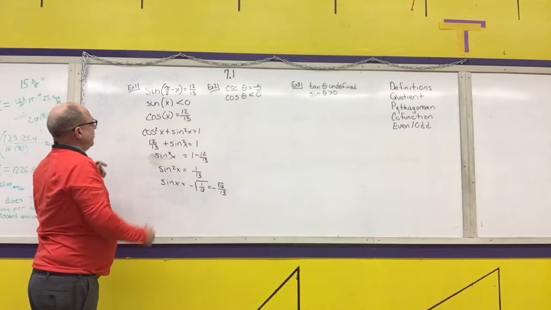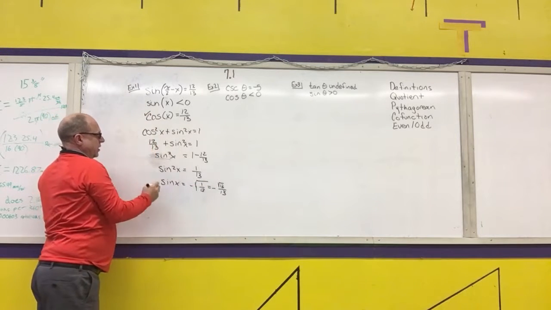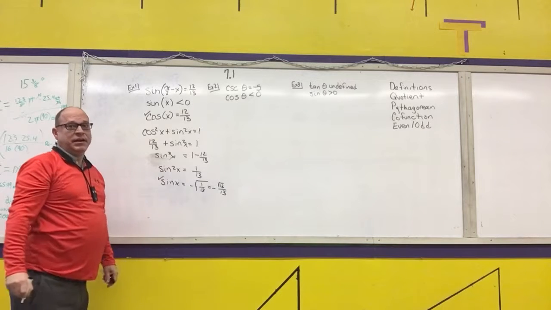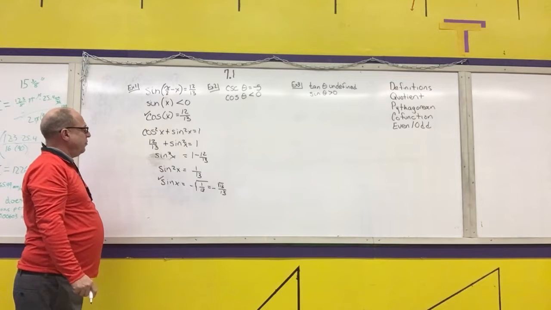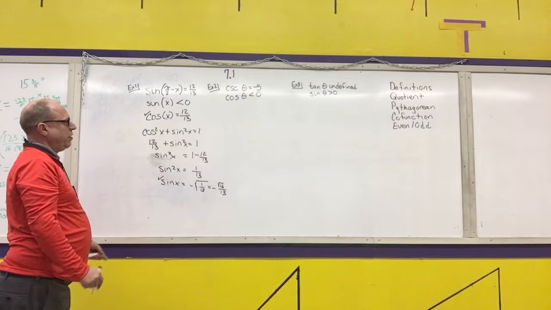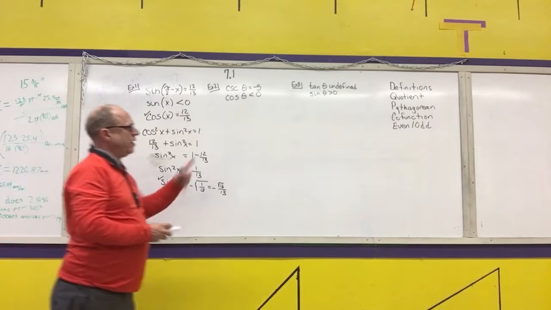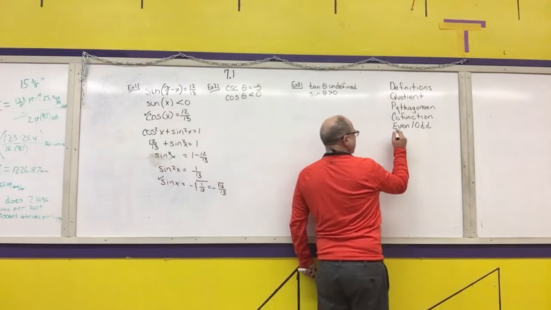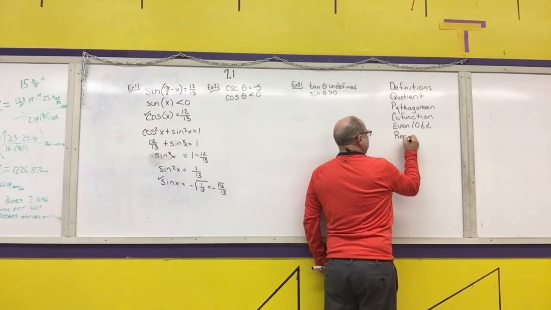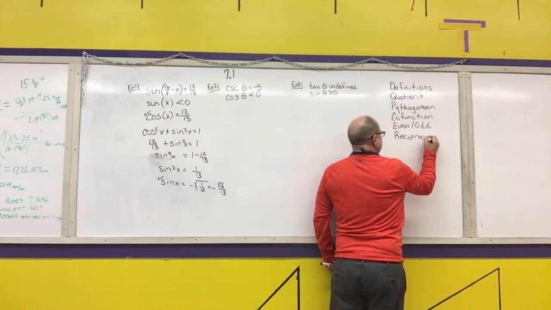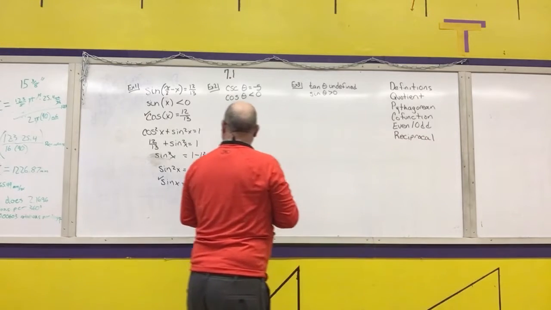So I now have 2 of my trig functions. I have cosine and I have sine. To come up with the remaining trig functions, we are going to use our definitions. Oh, I forgot one set of identities, our reciprocal identities. And be able to come up with the rest.